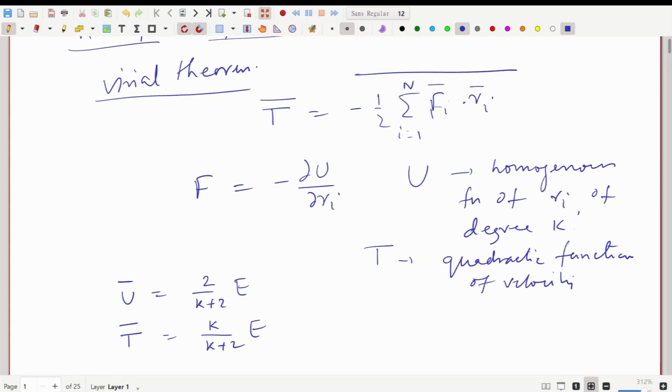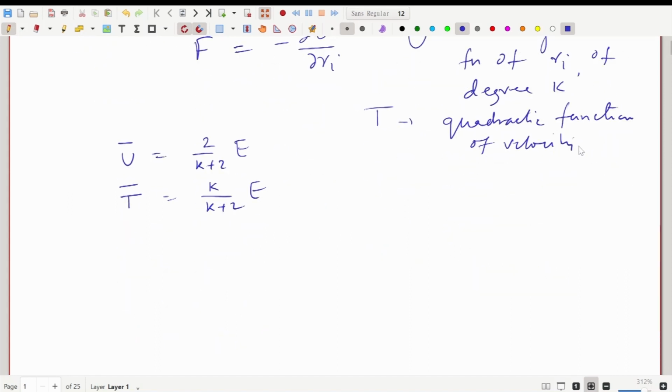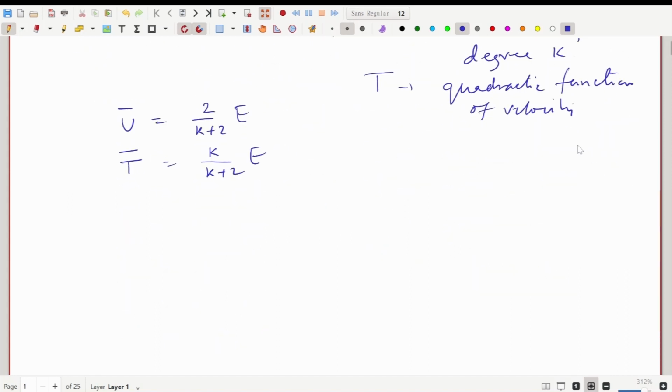Towards the end I was a little bit in a hurry, so that is why I am repeating this part. Now suppose we consider a few examples. For example, a simple harmonic oscillator, where the potential is half m omega squared x squared in one dimension.